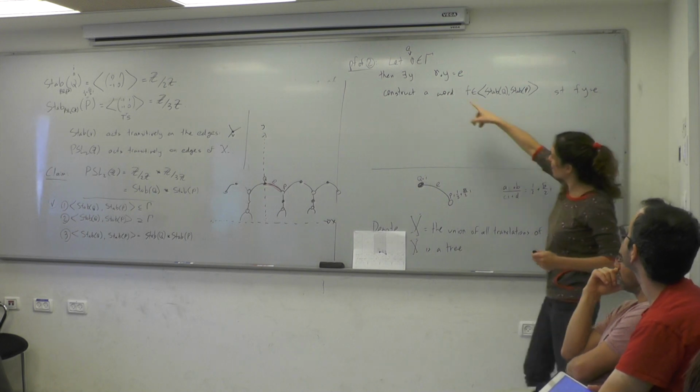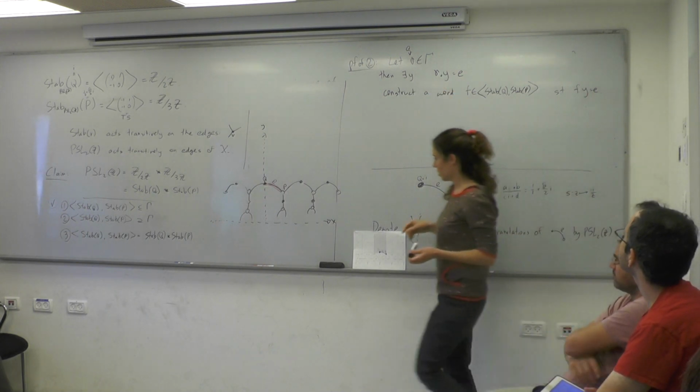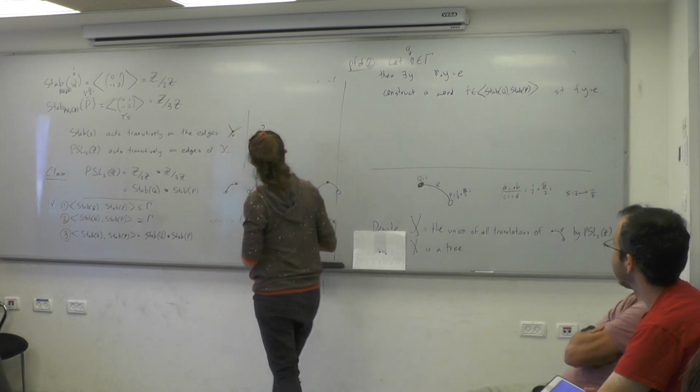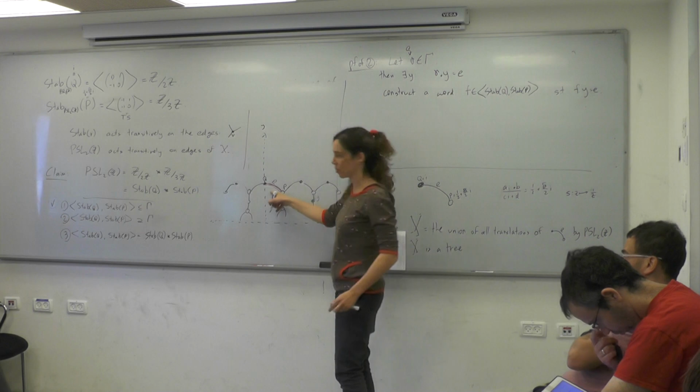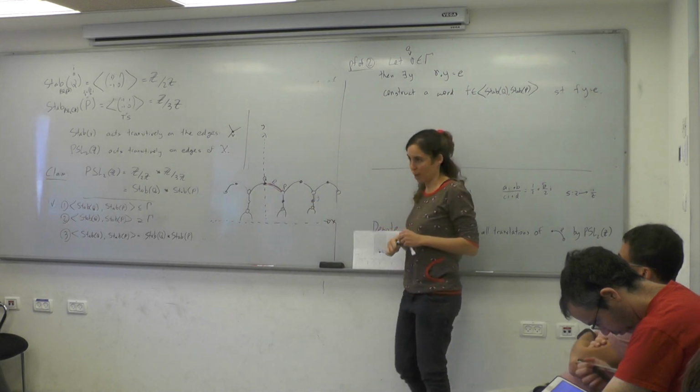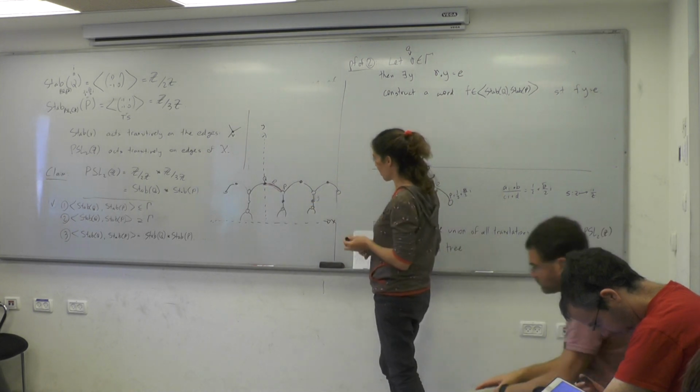So I want to make the element gamma. In order to make the element gamma, I want to take this edge Y that I got and send it back to E. How am I going to do it, using only stabilizers?